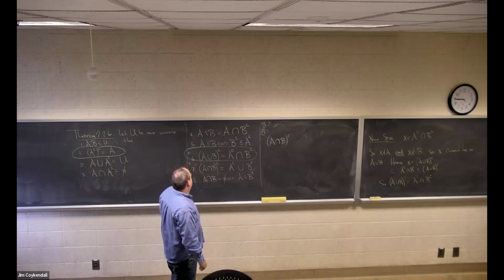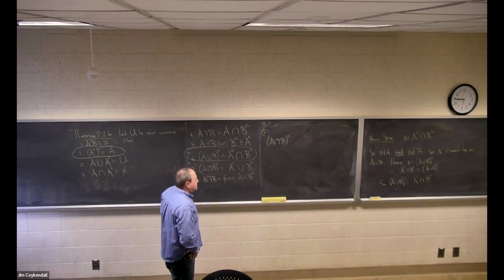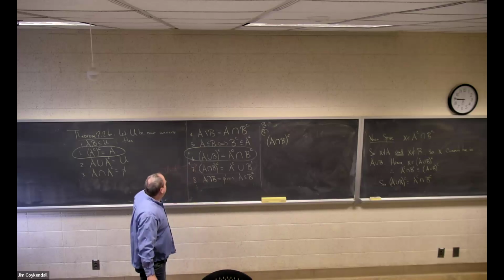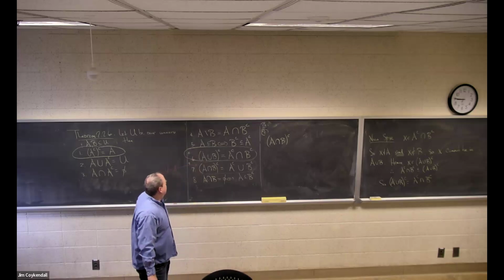Somehow I want to use what I previously knew up here, something about intersections, complements, and so forth. Any ideas how I can use what we've done here to get number 7?